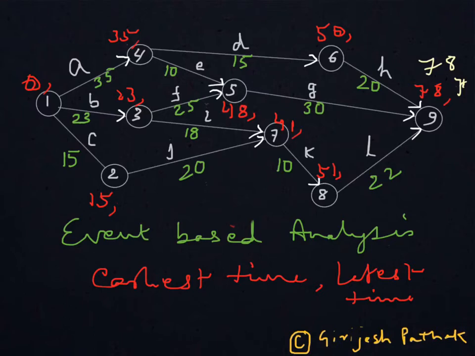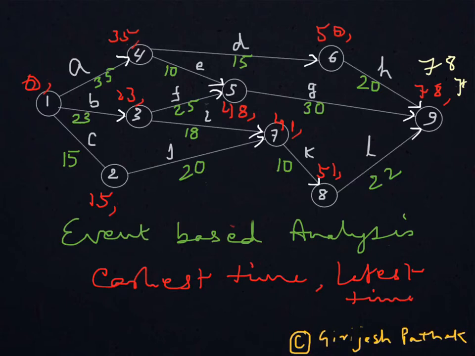So let us do it for, say, node 8. At this node 8, L starts, and that takes 22 days' time. So at the end L must be finished latest by 78, because it has to be completed before the project ends. Now we must be on node 8 by such a date that we get 22 days to finish L before 78.